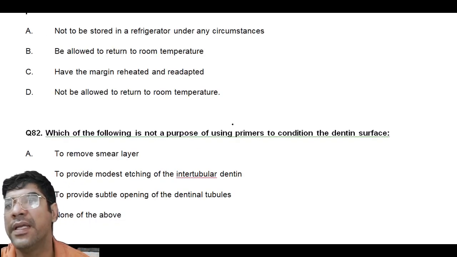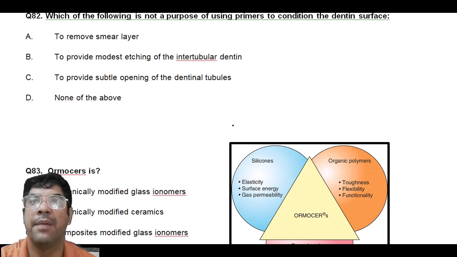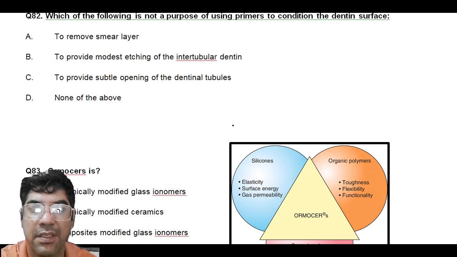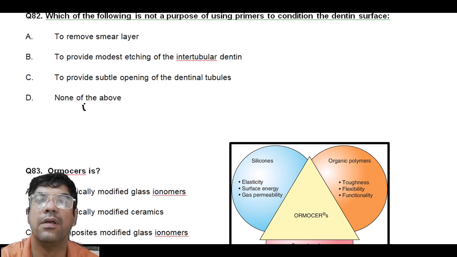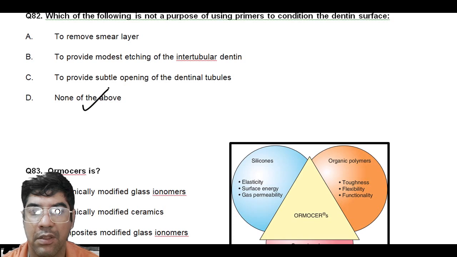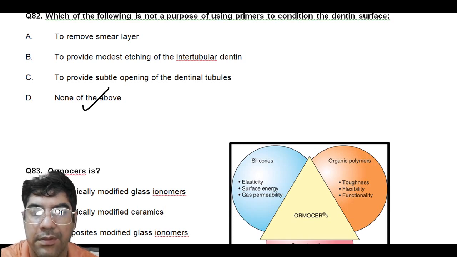So which of the following is not a purpose of using primer to condition the dentine surface? So the answer is none of the above.